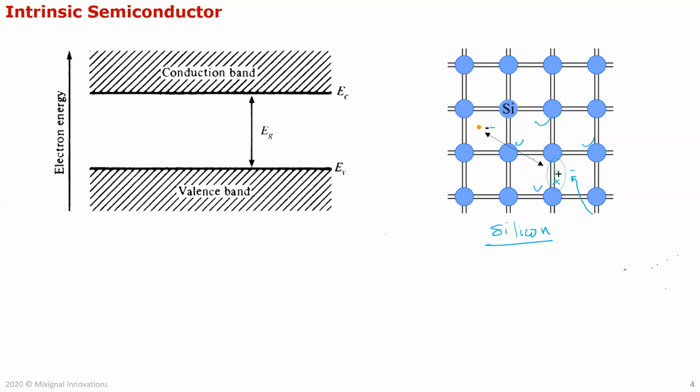So you have 2 sort of mobile charges here. You have 1 electron, and if you apply a voltage, creating an electric field, this electron will move in the opposite direction. Or an electron can move and fill this gap and create a gap here. Another electron can move here, fill this gap, and this will create a positive gap here, and so on.